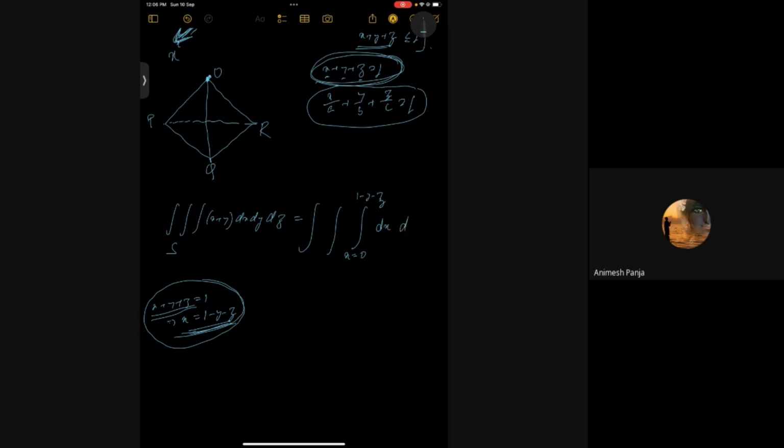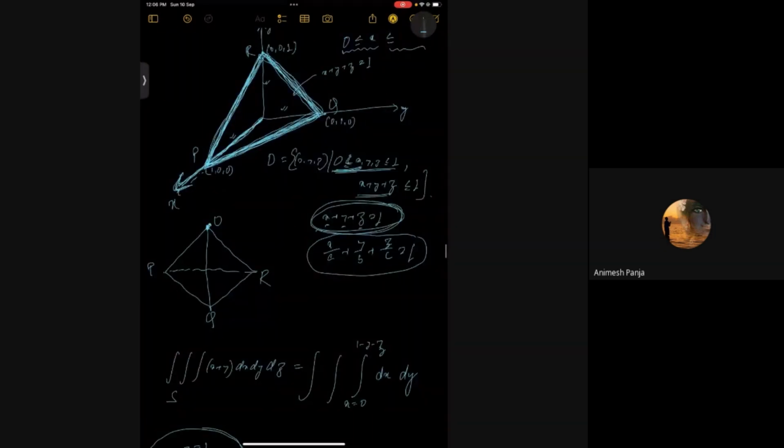The second one will be dy, and our aim is now to cover the entire tetrahedron given in this diagram. So let's take a look at what the limits of y will be. Notice again that y can take positive values only, because x, y, z are non-negative, so y is greater than or equal to 0.